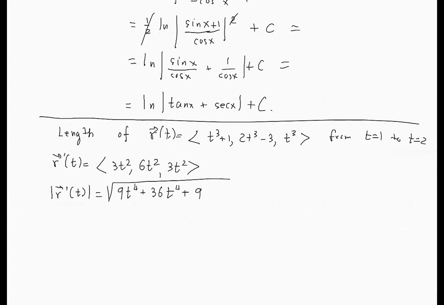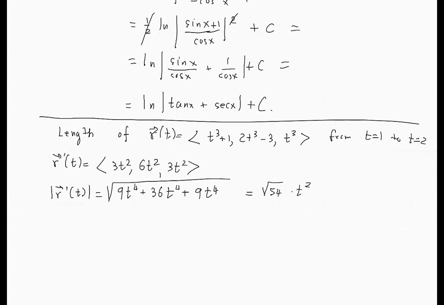And what we have is 9 plus 9 is 18 plus 36, that's 54. So we're going to have square root of 54 times t squared, which is the square root of t to the 4th. Right, so that should be pretty straightforward to integrate.